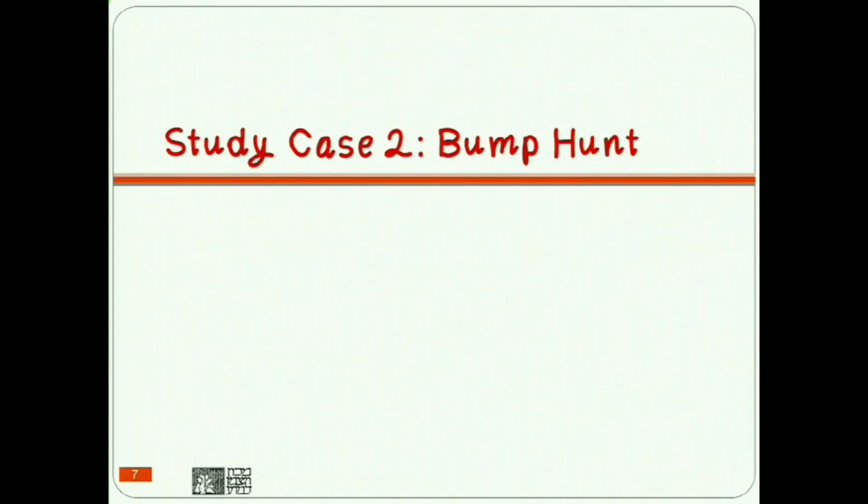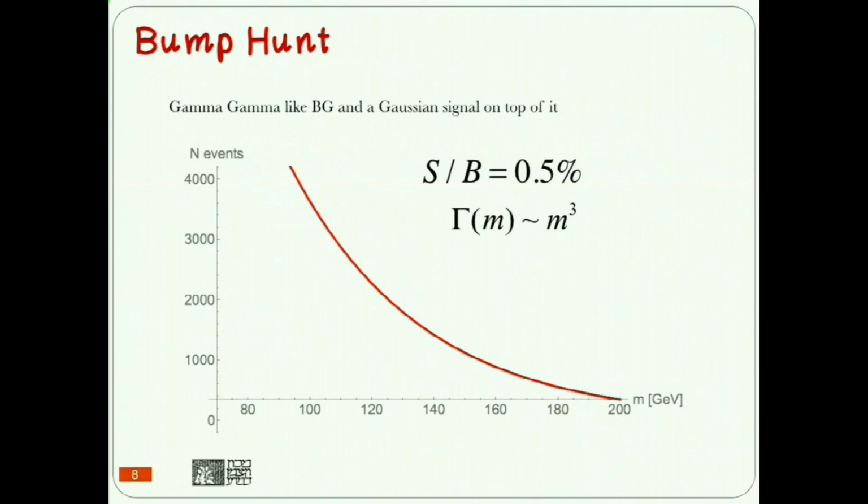So my test case is a bump hunt. Now, in order to make it realistic, like the gamma-gamma signal, what I did is something like this. My signal has a narrow width with small mass and very wide with high mass. So the width goes like m cubed. And I keep a signal to background ratio of 0.5%.